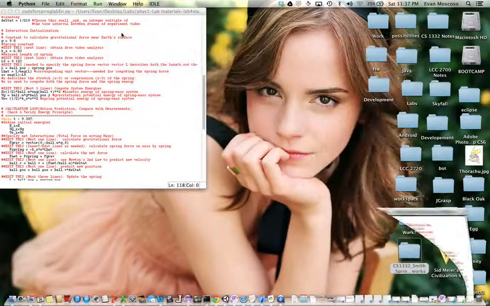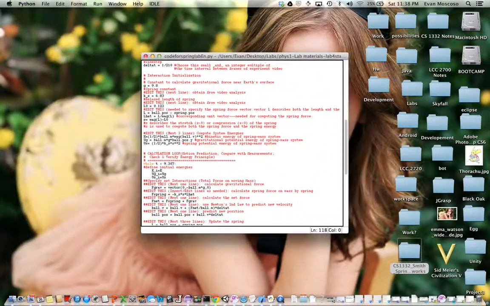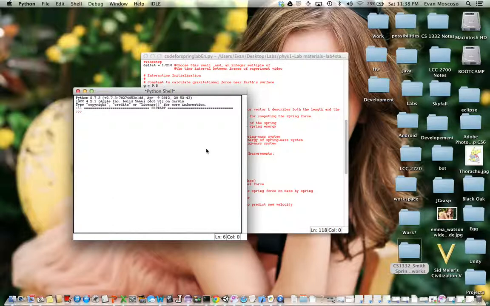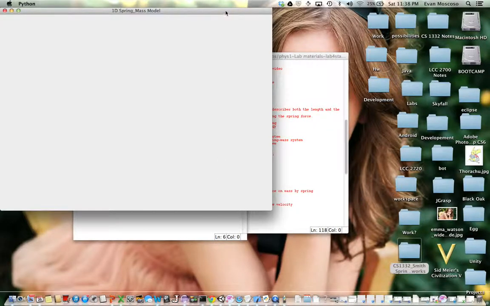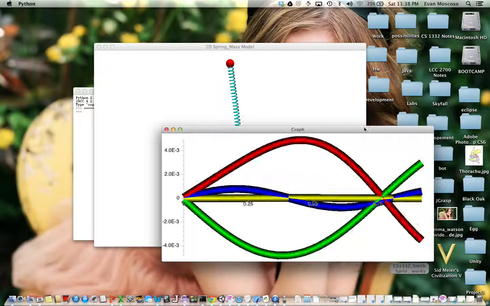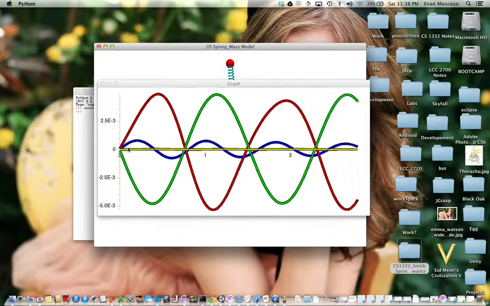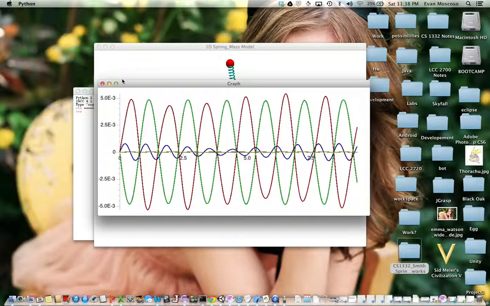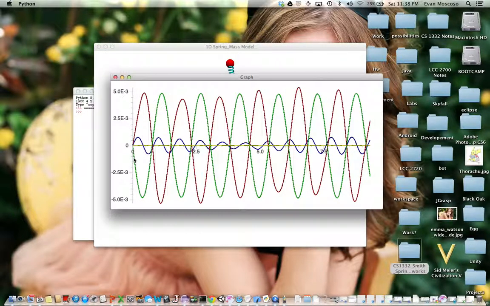And here we have a graph of the energies. The green represents the gravitational potential, the red represents the spring potential, and the blue represents the kinetic energy.